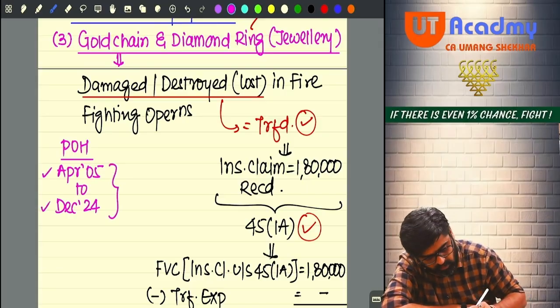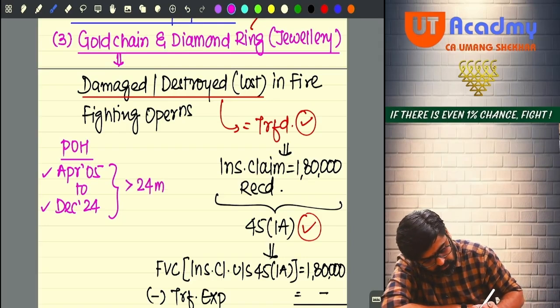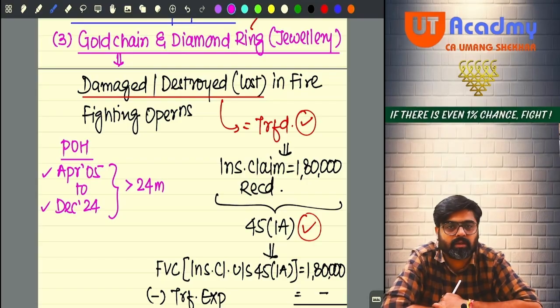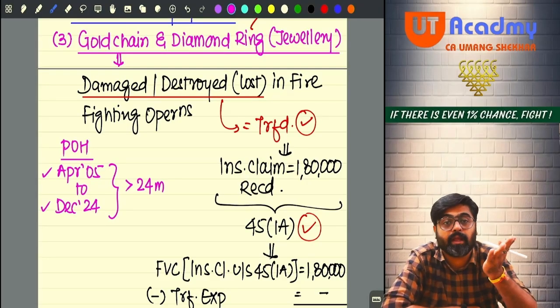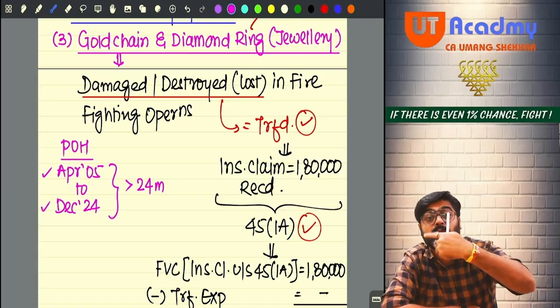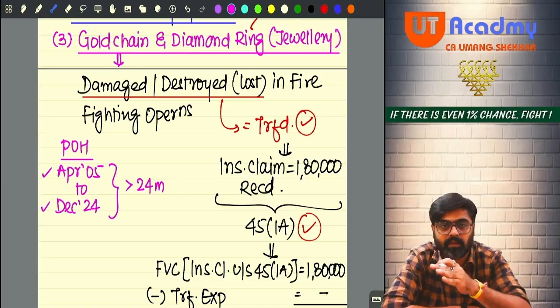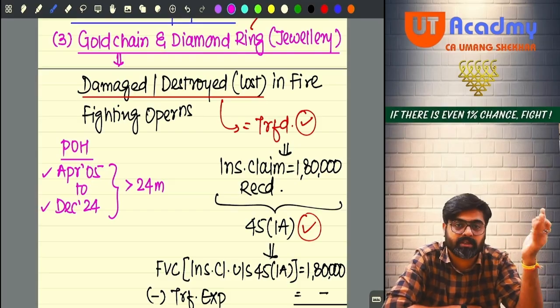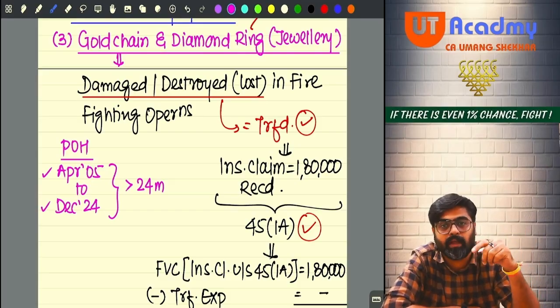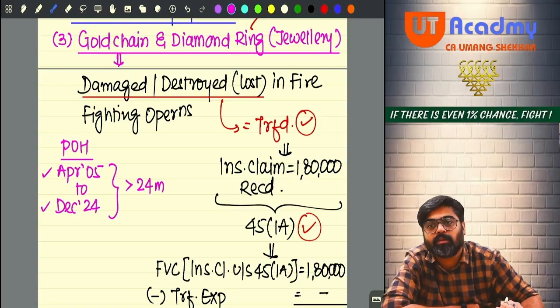This is the period of holding which is greater than 24 months. So for jewelry we used to check 36 months. If the damage would have taken place prior to 23rd July, we would have checked 36 months. But the damage or destruction is taking place on or after 23rd July. Hence we are taking 24 months. Yes or no?